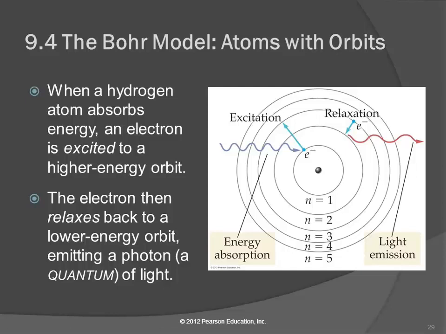And what they're releasing, each electron moving from one level to the next, is releasing one photon, one piece of energy. That piece of energy has a wave property, so it has a wavelength and it has an energy. And it's also called a quantum of light.